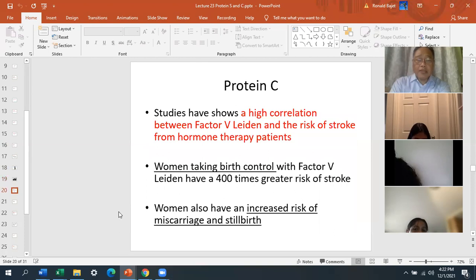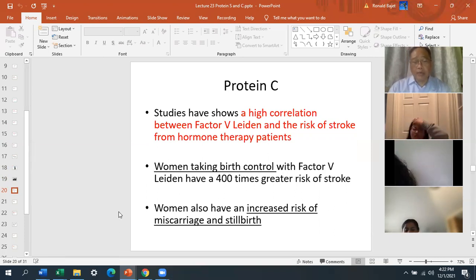Okay, so studies have shown a high correlation between factor V Leiden and the risk of stroke from hormone therapy. So again, think of factor V Leiden as a hypercoagulability condition. So now that you're forming clots, you have the risk of stroke from hormone therapy.